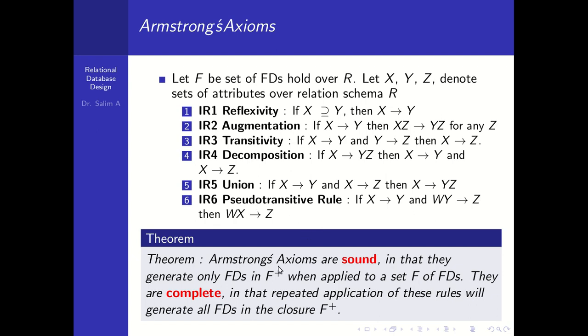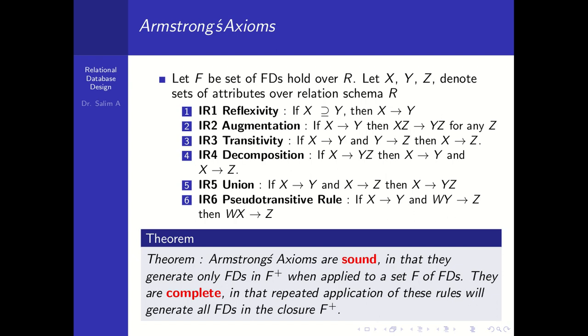Theorem: Armstrong axioms are sound, in that they generate only FDs in F closure when applied to a set of FDs. Therefore, sound means when Armstrong axioms are applied on a set of FDs, they will generate only FDs in F closure.